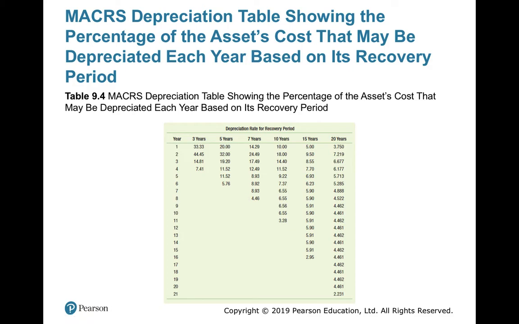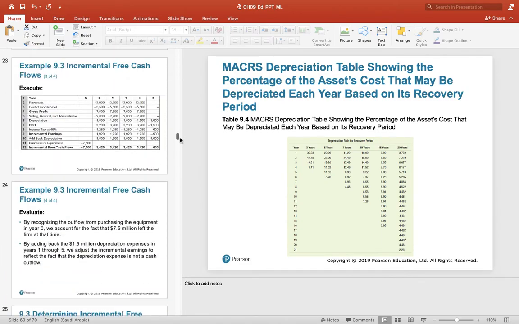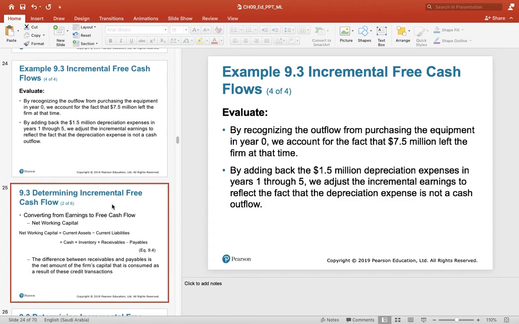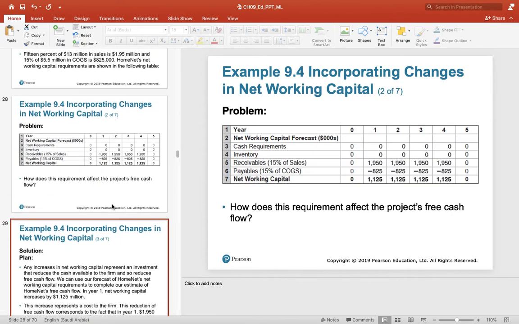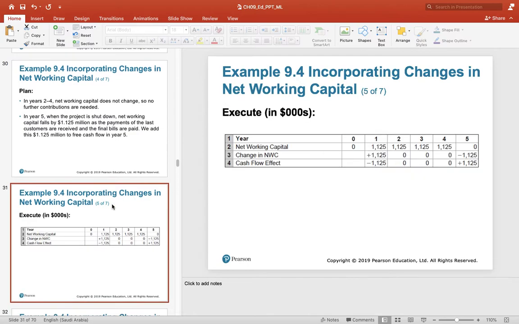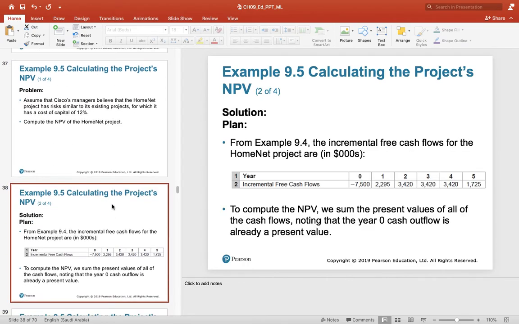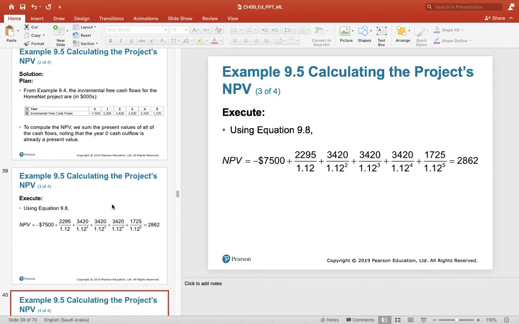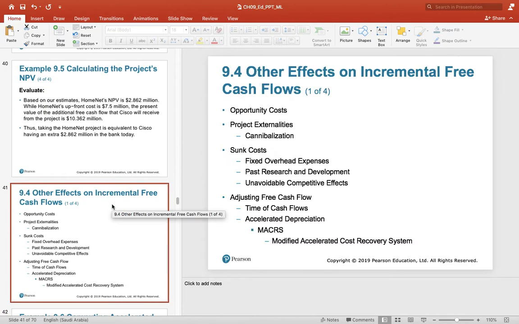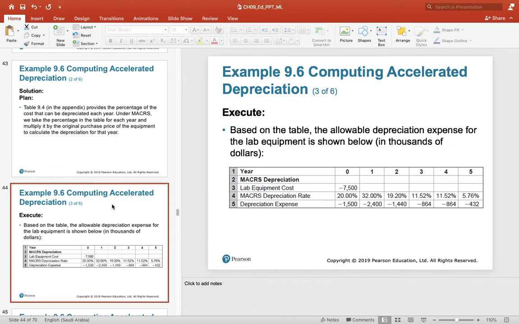So if that is happening, let us go and see the depreciation there. Yes. So the depreciation on the lab equipment is equal to 7.5 million.